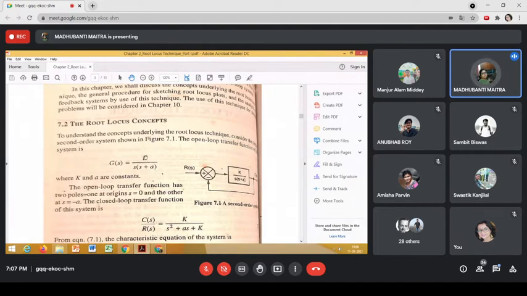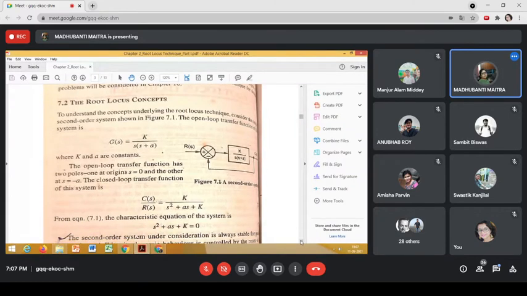Now here we have not specified any value for this forward path gain K or this system parameter a. While we discuss this system, we'll consider a to be fixed, and we'll vary this forward path gain K, as this is the most commonly used practice, and we have also discussed this while discussing the Routh stability criterion.